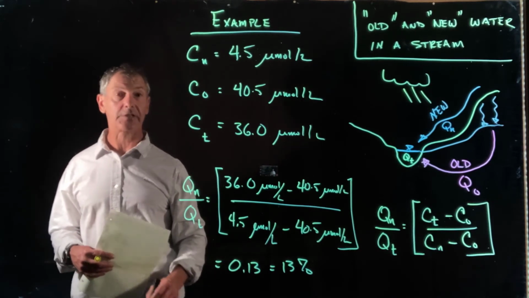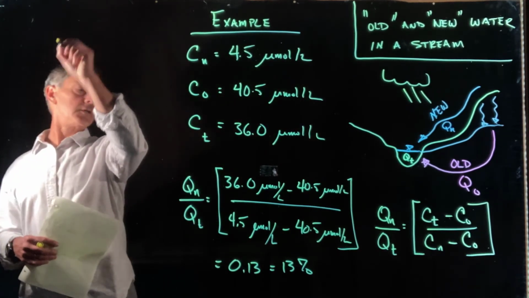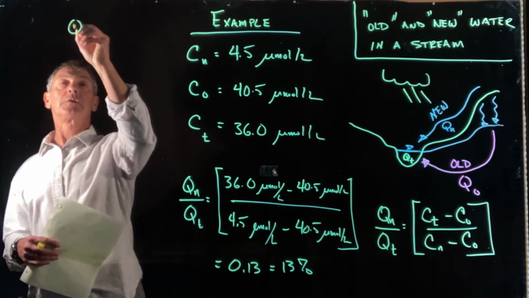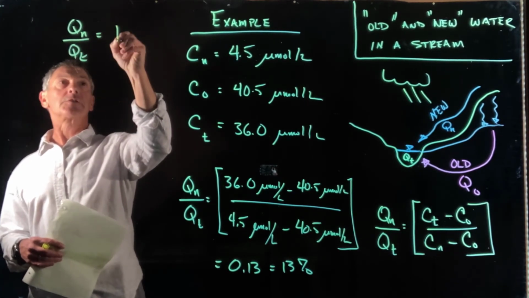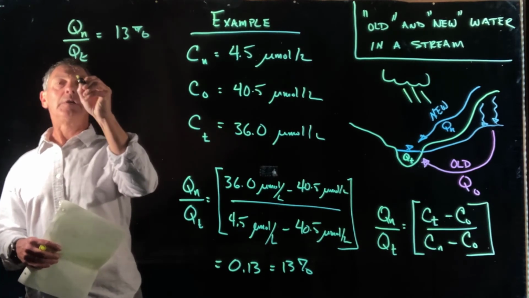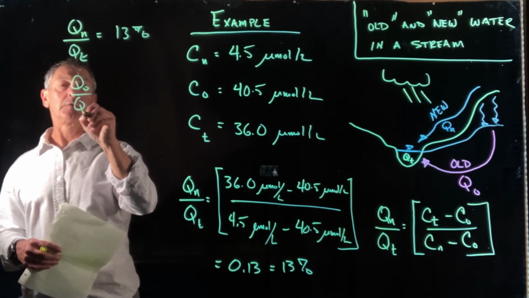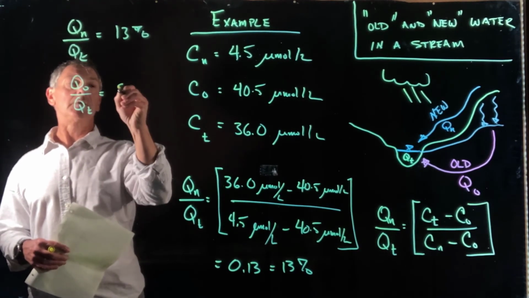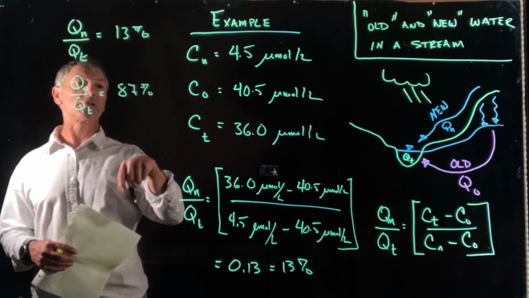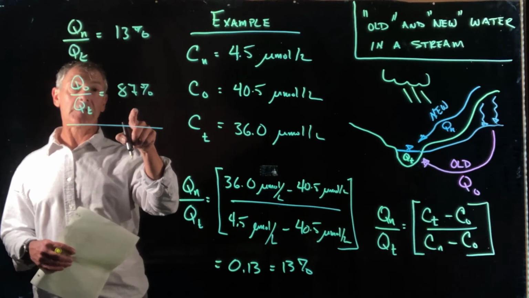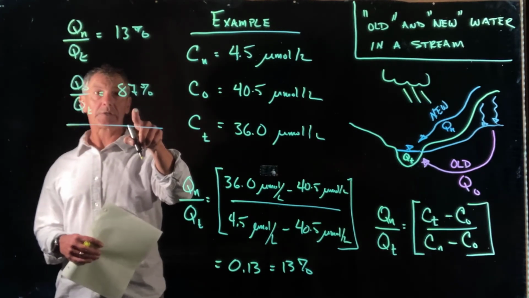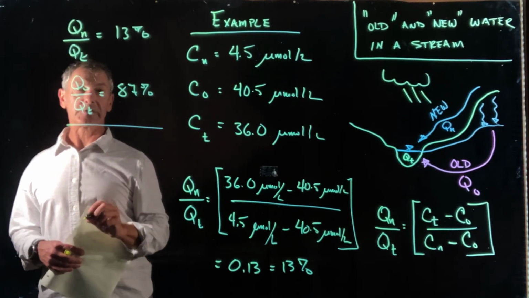So 87% old water. The new water is 13%, and the old water is 87%. So this is mostly base flow, and we would say that our base flow index is about 87%.